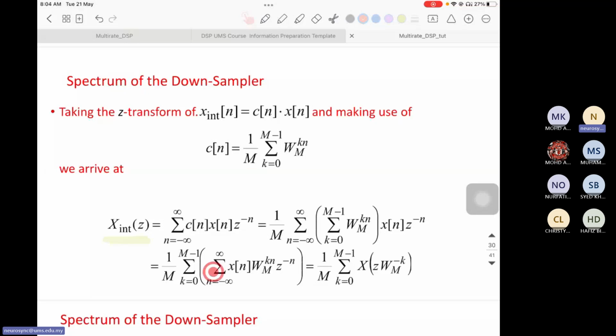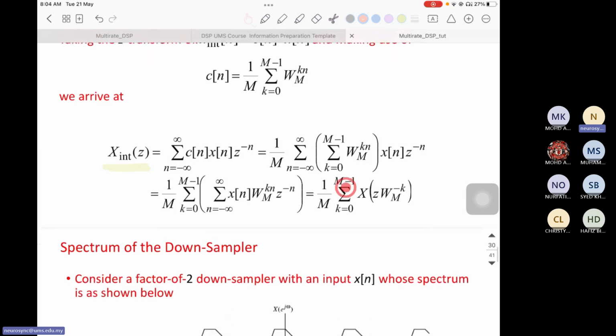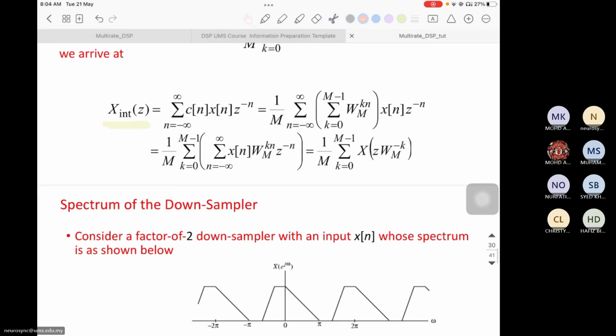Now I can write, if I shuffle this summation outside and take this factor inside, this is basically what you will get, the DTFT here. Okay. So this is, you can say, 1 by M summation, and this is X of z into W_M^(-k). Okay. So the final relation I will get here is like this.